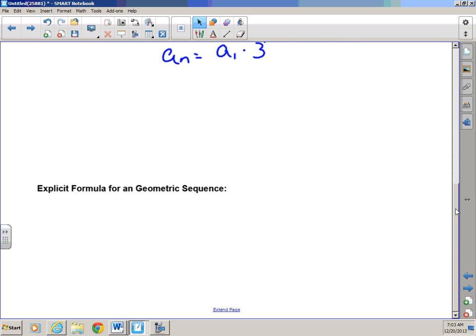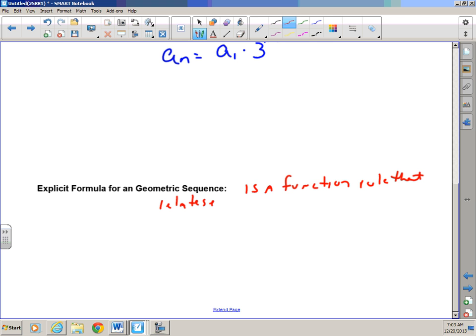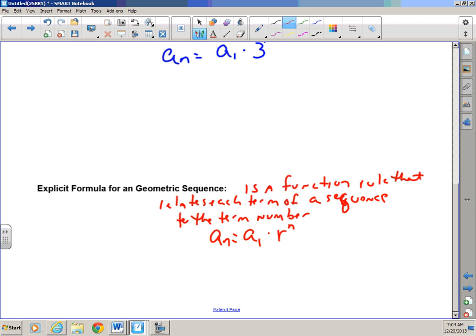And similar to what we did before in arithmetic, it is a function rule that relates each term of a sequence to the term number. And in general terms, a sub n equals a sub 1 times the common ratio to the n minus 1 power. Okay?